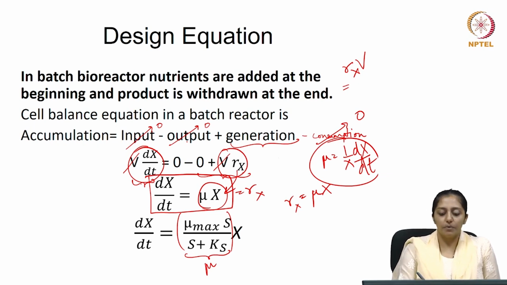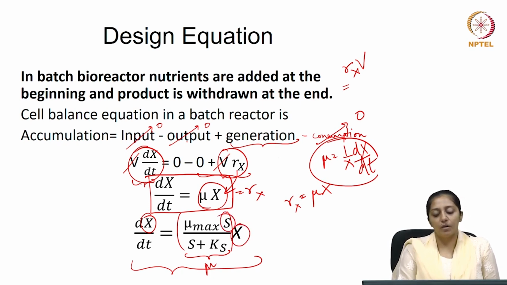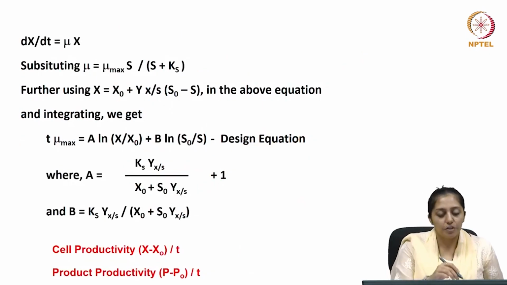So, they have substituted mu with mu max S upon S plus Ks, where S is your limiting substrate. So, now this becomes an equation which defines how the X inside the reactor, inside the batch reactor, is changing with time as a function of X and S, where S is your limiting substrate. Some bit of rearrangement.